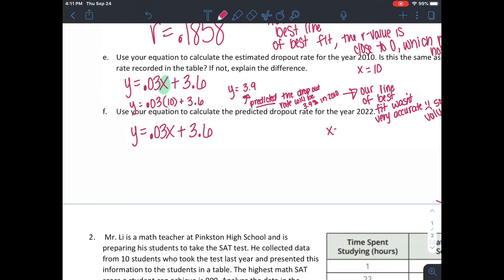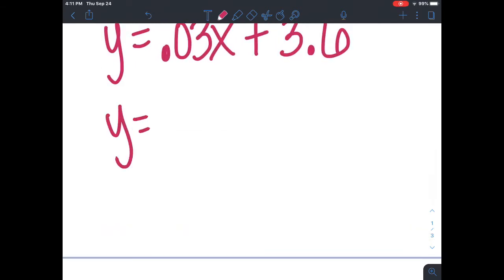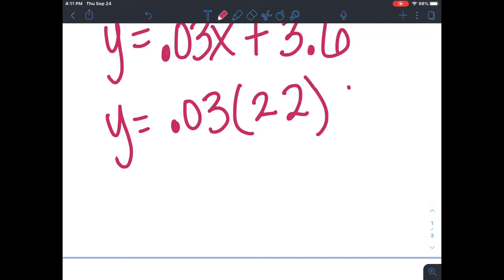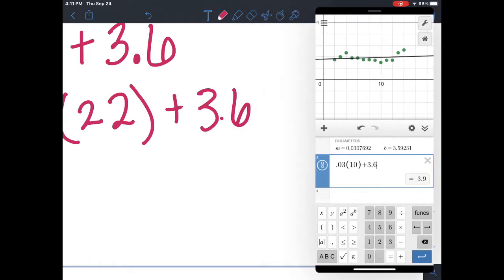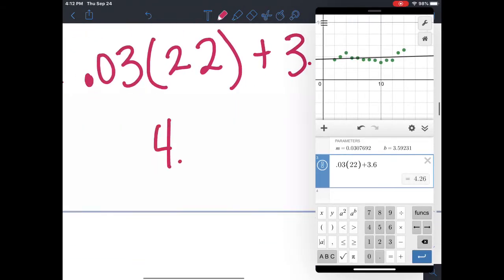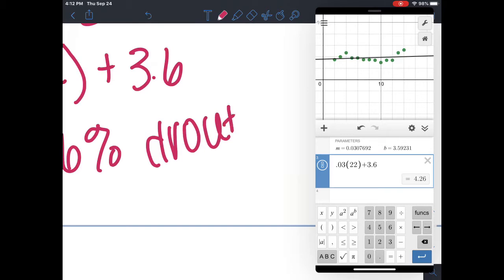This time X will equal 22 because it's 22 years since the year 2000. So we'll plug in 22. Y equals 0.03 times 22 plus 3.6. Desmos again, I'm just going to erase that 10, type in 22. And 4.26% dropout rate.